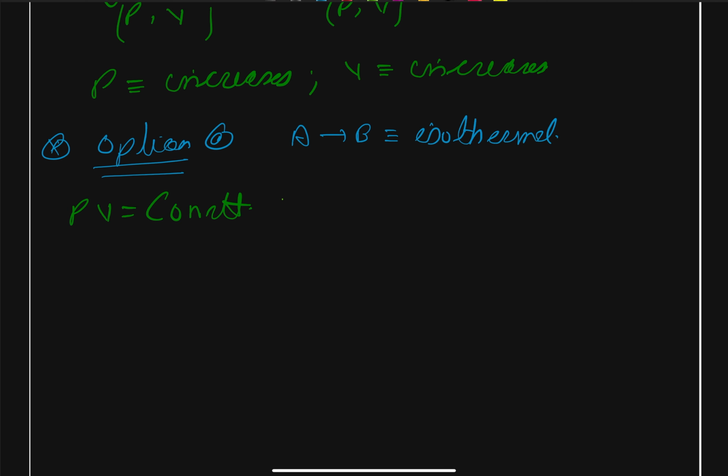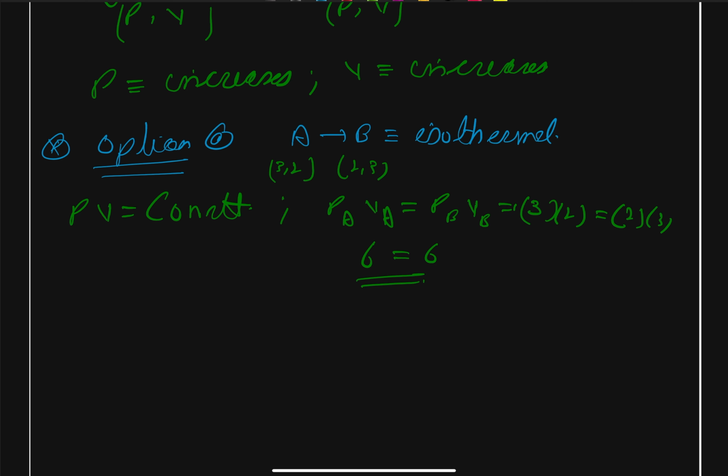From A to B, A is 3, 2 and B is 2, 3. Therefore PA VA equals PB VB, so 3 multiplied by 2 is equal to 2 multiplied by 3, which gives us 6 equal to 6.